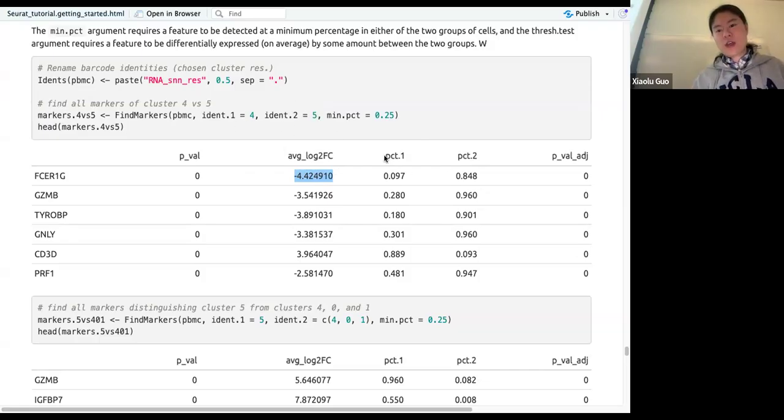We can also see in this metric that the percentage for this gene in the first given cluster is only 9%, and the percentage in the second given cluster is 85%. So this gene is much more highly expressed within the second cluster.